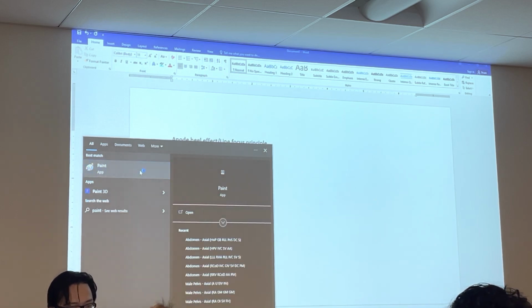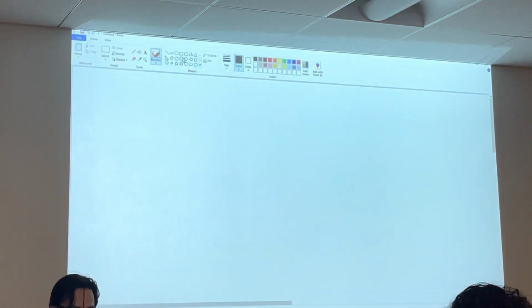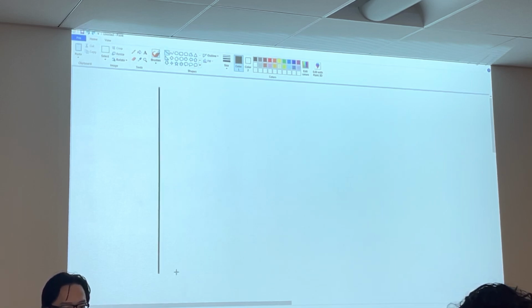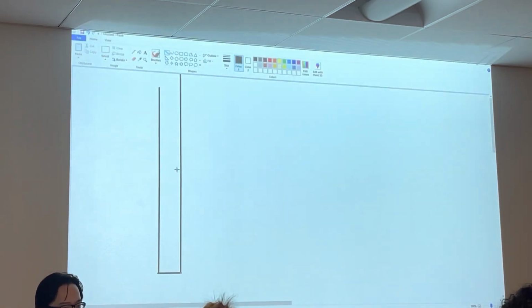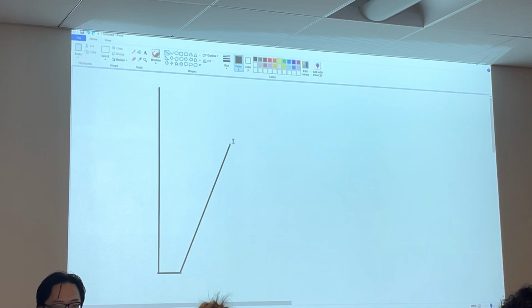Because if you think about our target, if this is our target, our target is not flat like this. Our target actually looks like this. There is an angle.